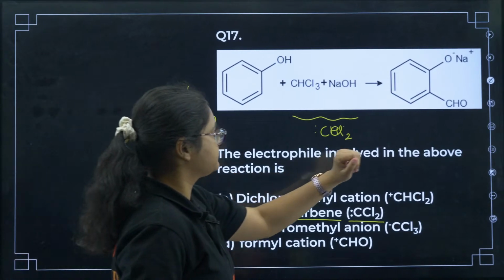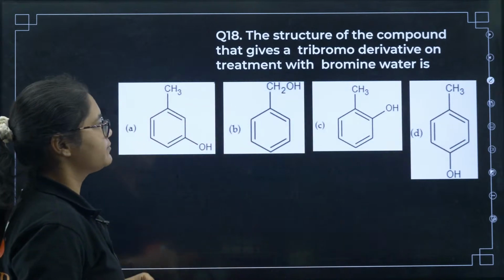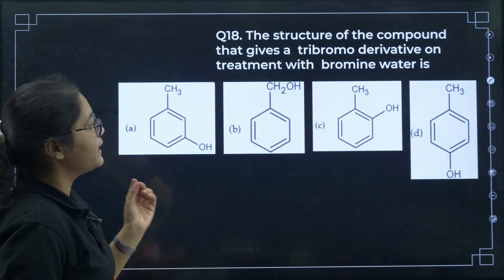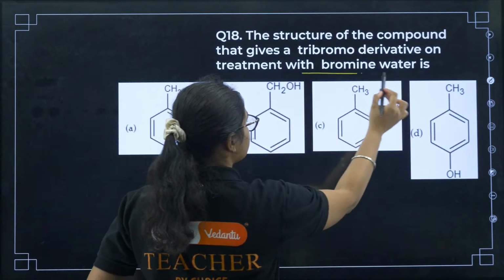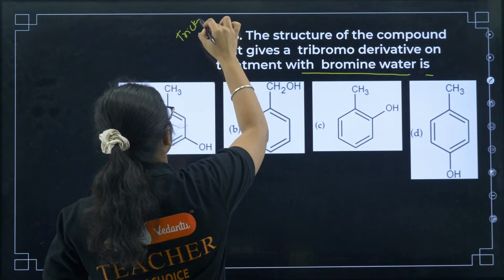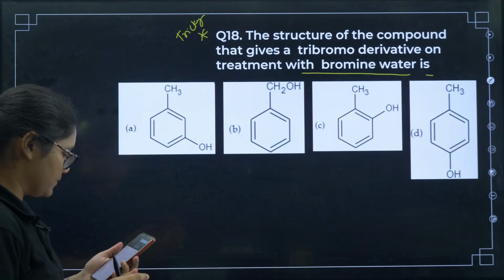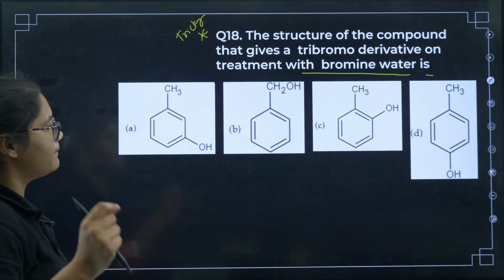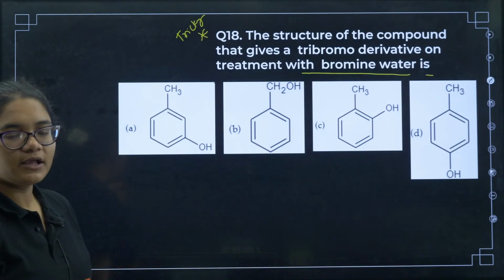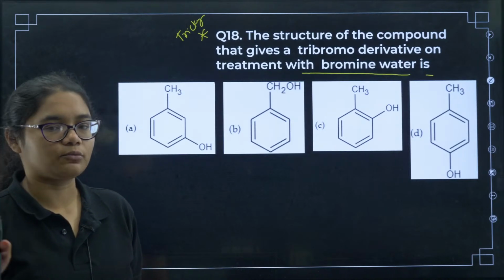Next question. Question number 18. The structure of the compound that gives a tribromo derivative on treatment with bromine water is. This is also a tricky question. So we know that when we treat phenol with bromine water, we get a tribromo derivative.